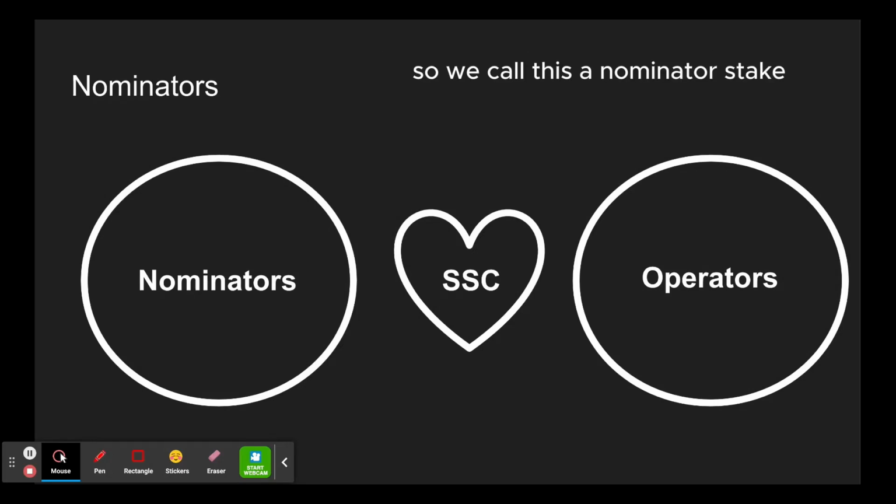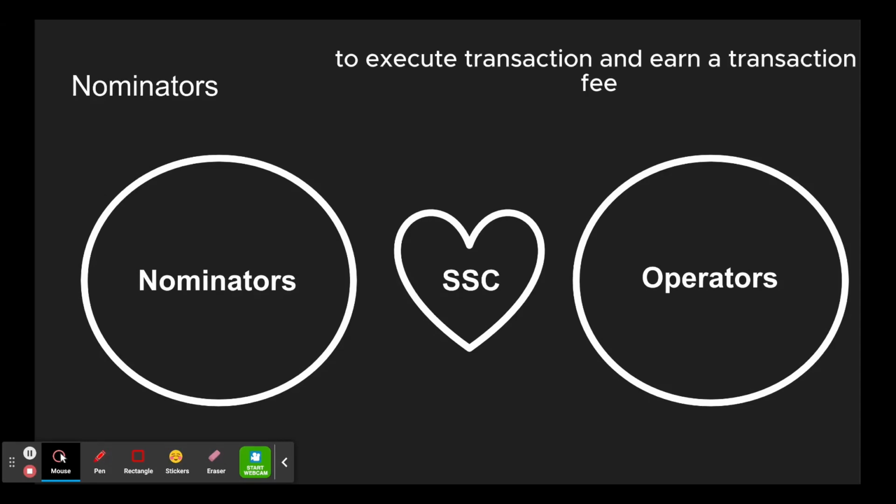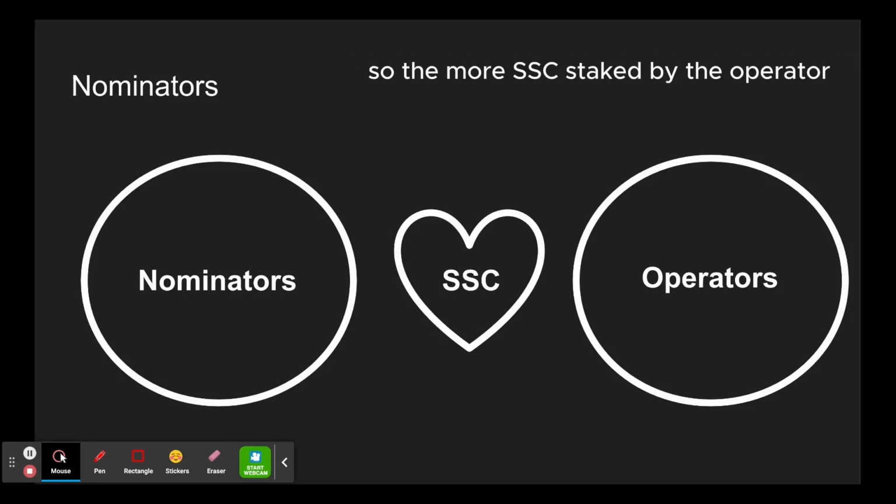We call this a nominator stake, and this is included in the overall operator stake. Operators are chosen based off a staked election process. So the higher the stake, the more likely they will be selected to execute a transaction and earn a transaction fee. The more SSC staked by the operator, as well as the more nominator stake they have, the higher chance they have of getting a transaction fee.